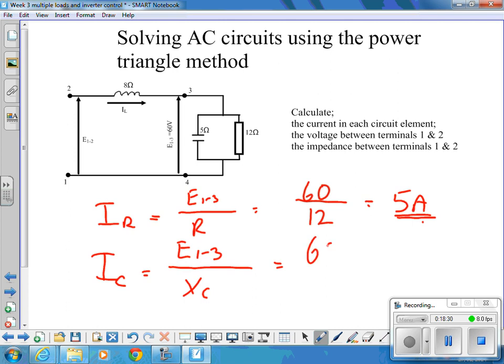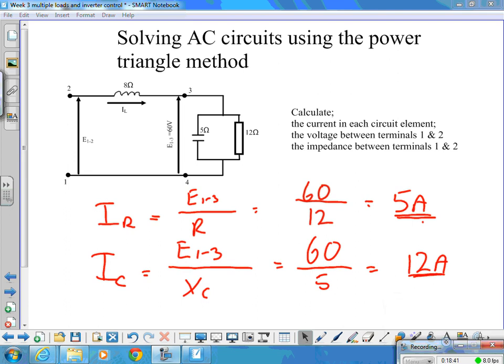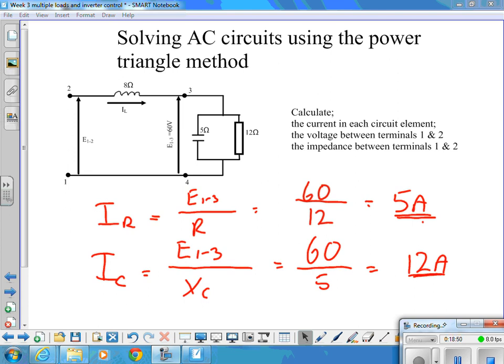That's 60 volts over 5 ohms, which is 12 amps. Oh, right. All right. What will that allow us to find, do you reckon?